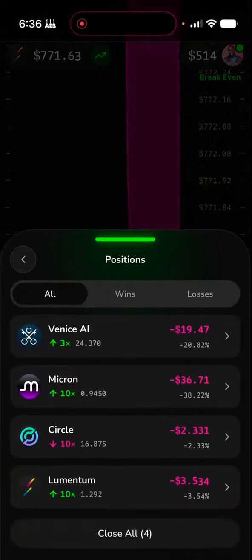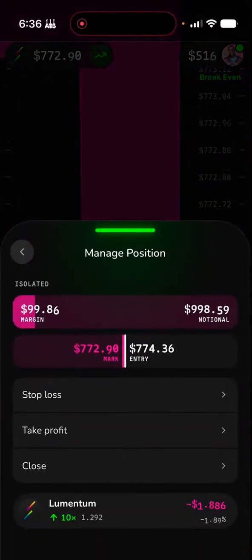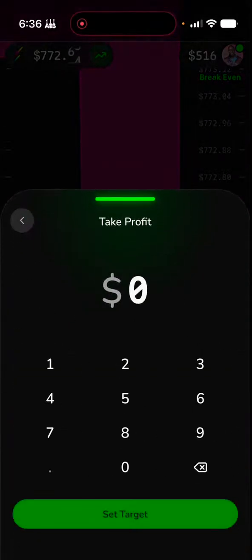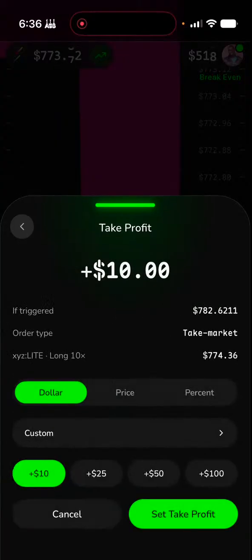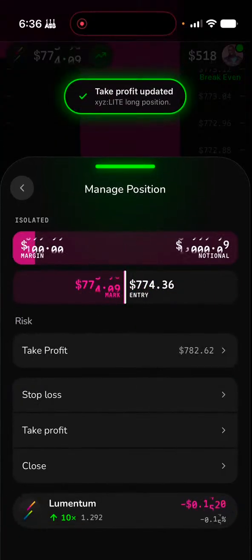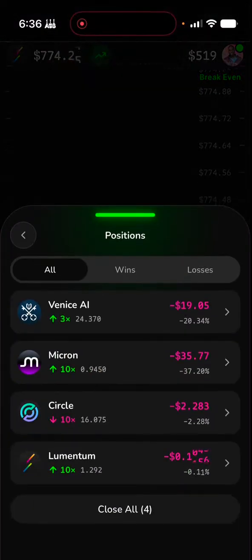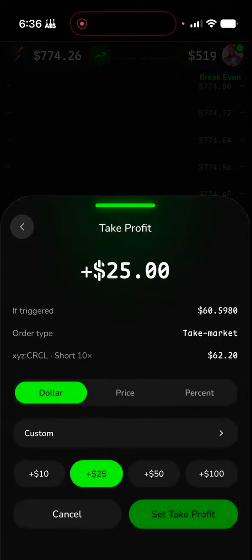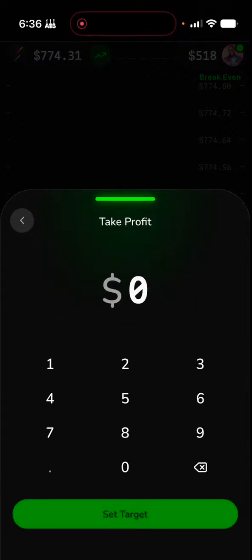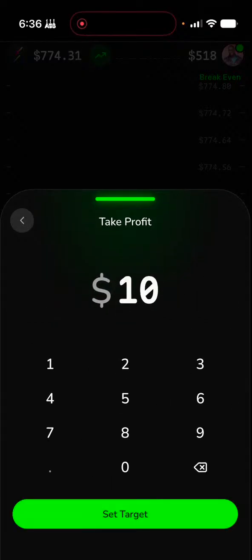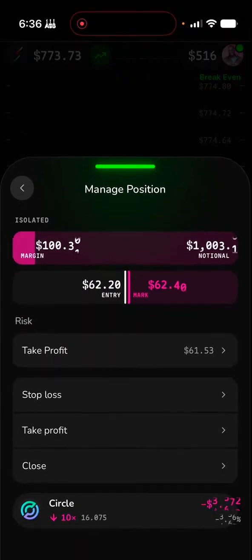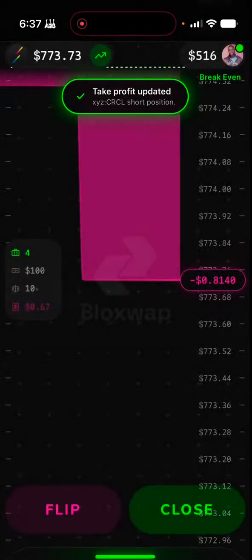And then we're going to set a take profit on our Lumentum. We'll set it for $10 just to make something, and see if we catch a flush up, because sometimes these things will just shoot up so fast. And we'll set a take profit of $10 also on Circle. So we just made $4, I think, on our Circle position.